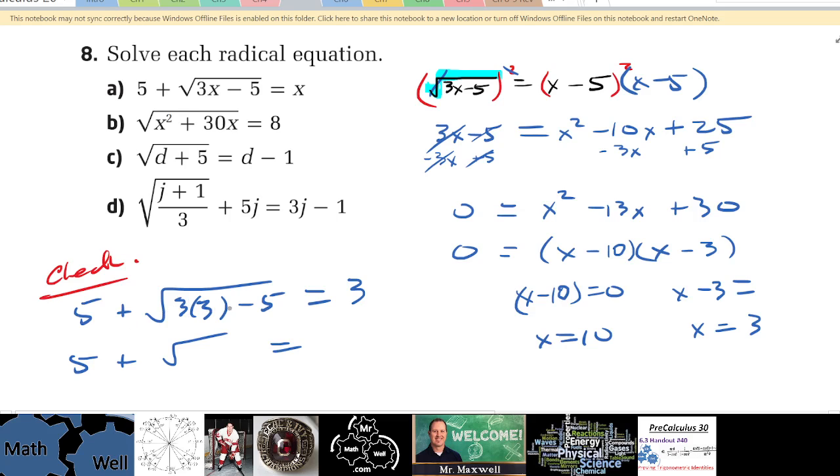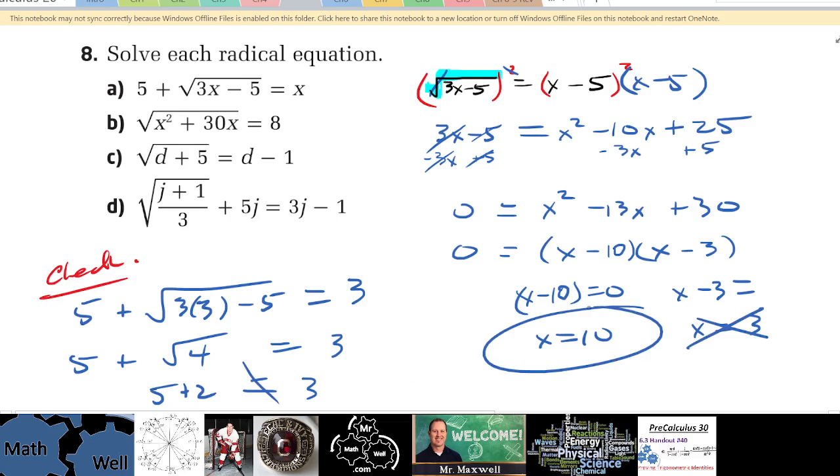So that's 9 minus 5 is 4. So 5 plus root 4 equals 3. 5 plus 2 equals 3. Ouch. So see, when we squared, this whole positive kind of became a tricky spot there. So that's why you check. This does not equal. So it looks like we can reject 3. x equals 10 is your only possible solution.